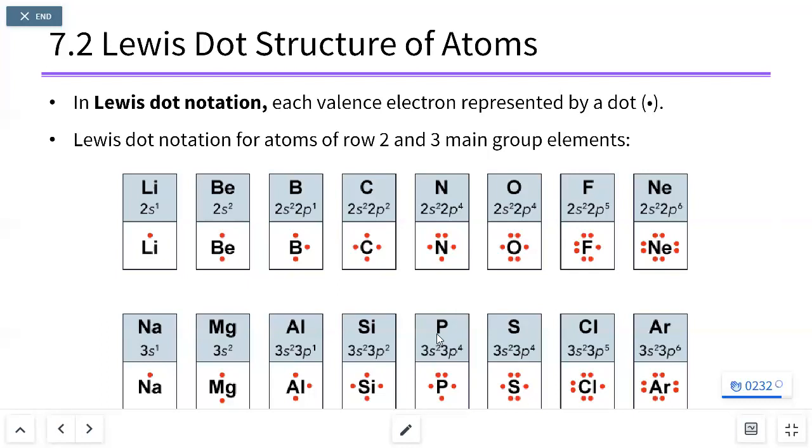If I'm looking at the alkali metals, this is group 1. Group 1 has 1 valence electron. If I'm looking at the alkaline earths, this is group 2. Group 2, 2 valence electrons. For the boron group, the periodic tables that we use call this group 13.